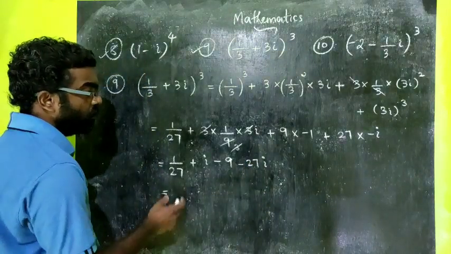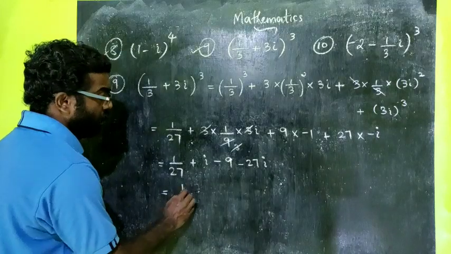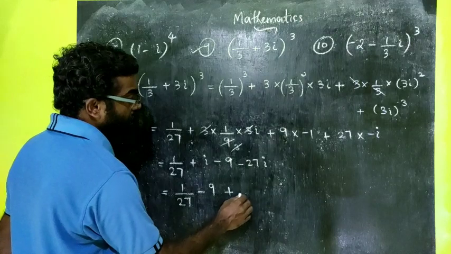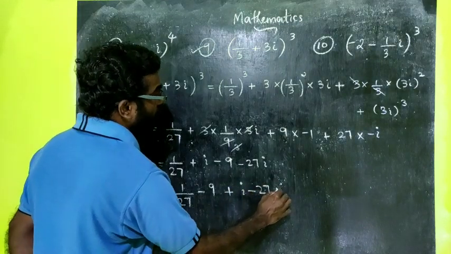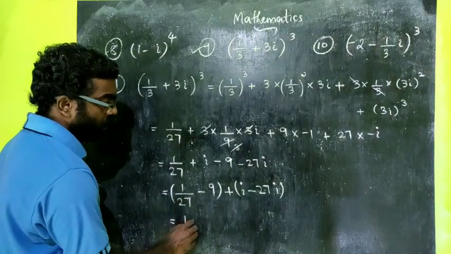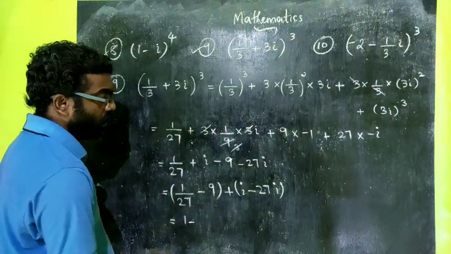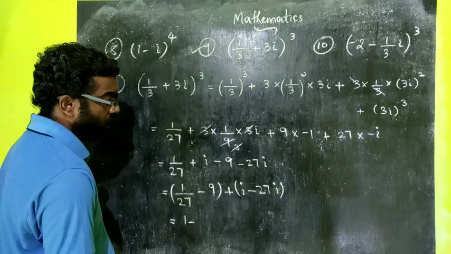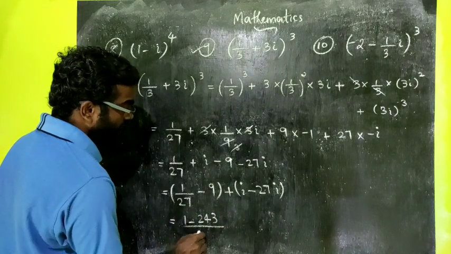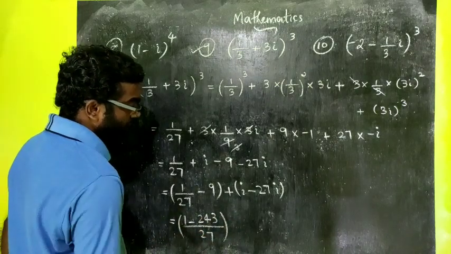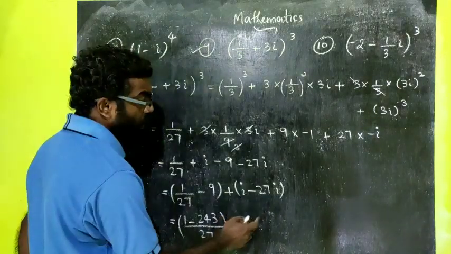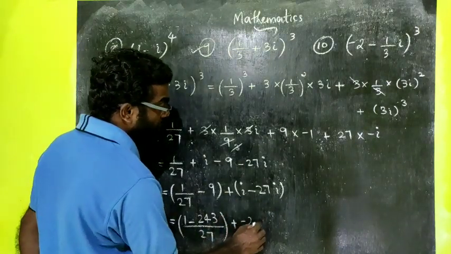We can collect the real part and imaginary part separately. 1 by 27 minus 9. Then plus i minus 27i. Here we can cross multiply, 1 minus 27 into 9. 27 into 9 is 243, divided by 27, then plus i minus 27i. i minus 27i gives minus 26i.